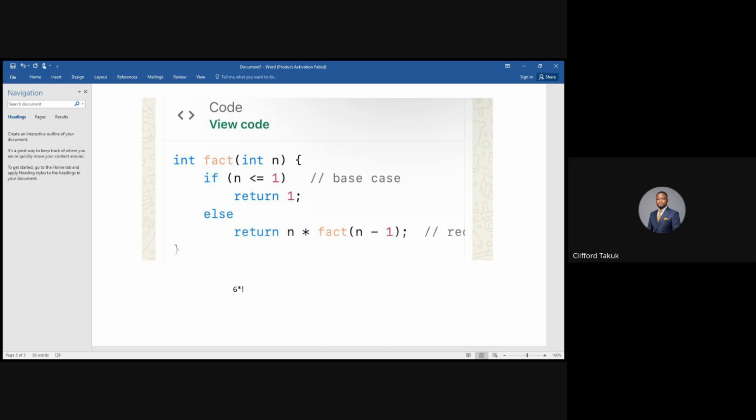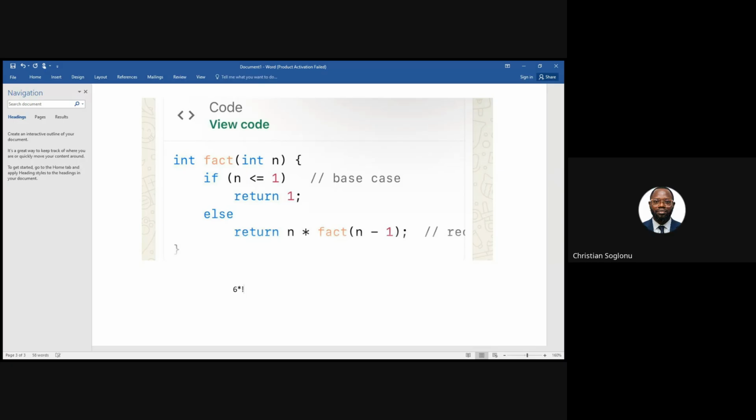Here our first value is 6. When we subtract 1 from 6, n minus 1, we get 5. So 6 times 5. Is 5 less than or equal to 1?